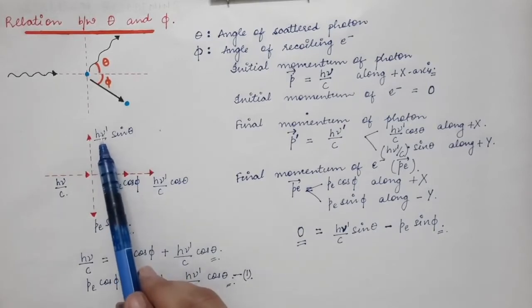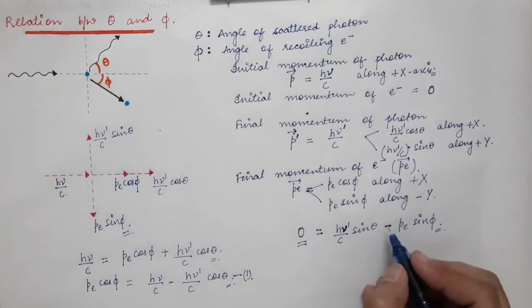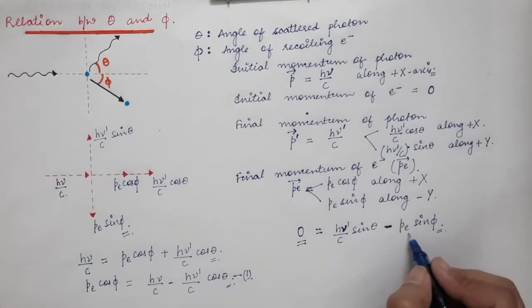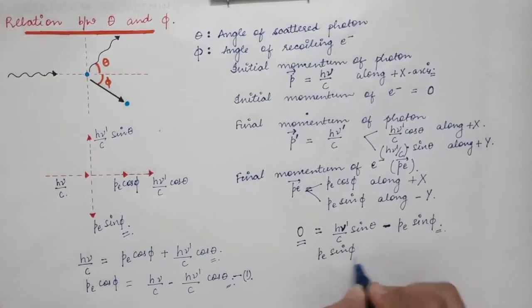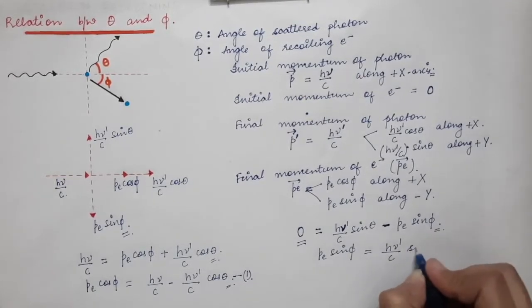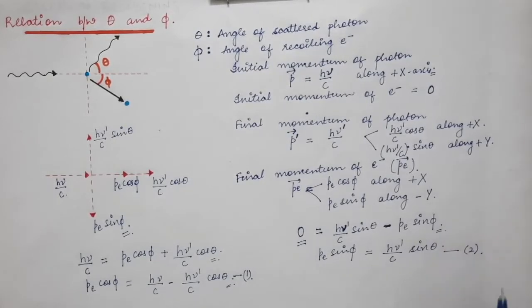But the vertical component h nu prime by c sin theta and Pe sin phi, they are pointing in the opposite directions, therefore we must use a negative sign over here. So now we are going to take this Pe sin phi on one side. So this will be equal to h nu prime by c sin of theta. So let's call this equation as second.